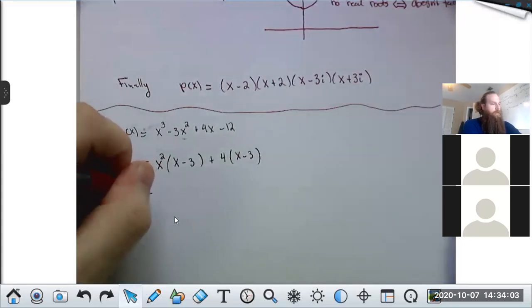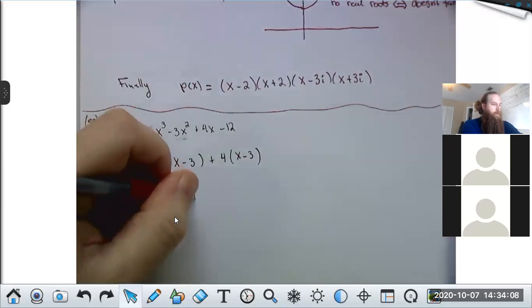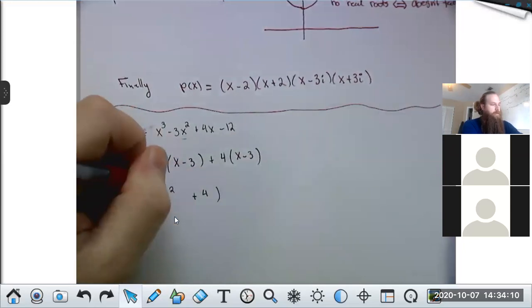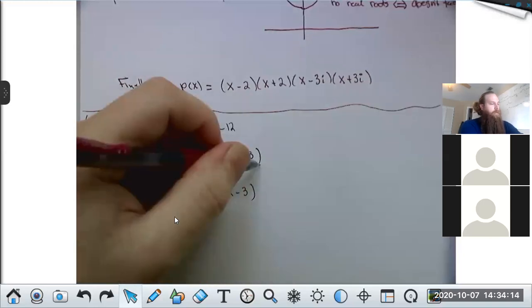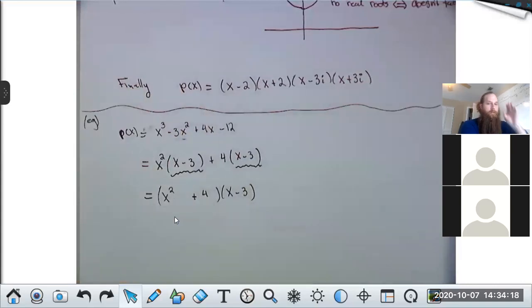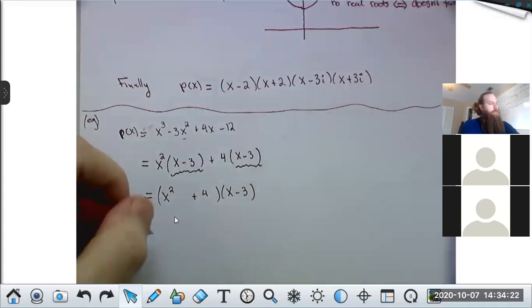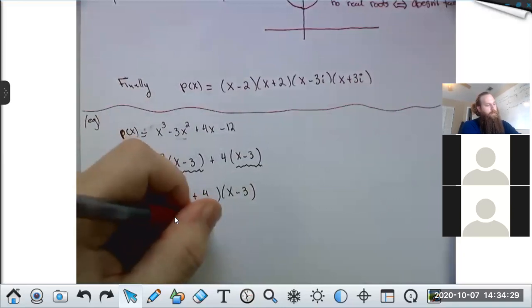So I can write this as x squared plus 4, times x minus 3. I'm pulling this common factor out on the right. So we get right away x squared plus 4 times x minus 3.